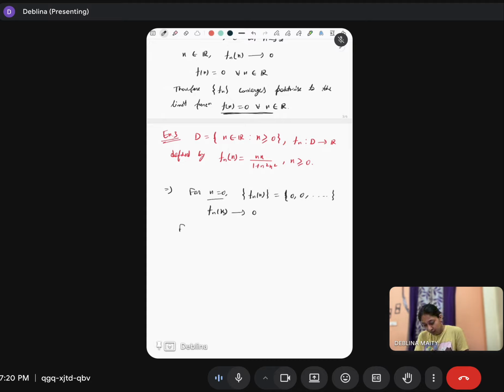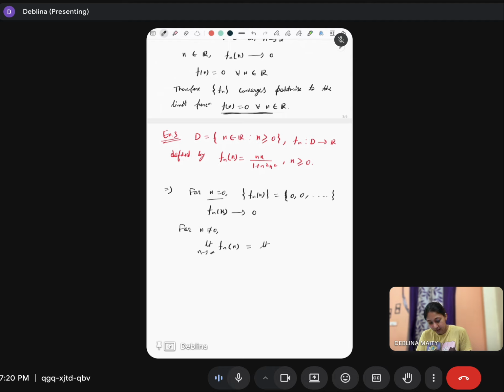Now for x not equal to 0, limit as n goes to infinity, fn(x) is what?